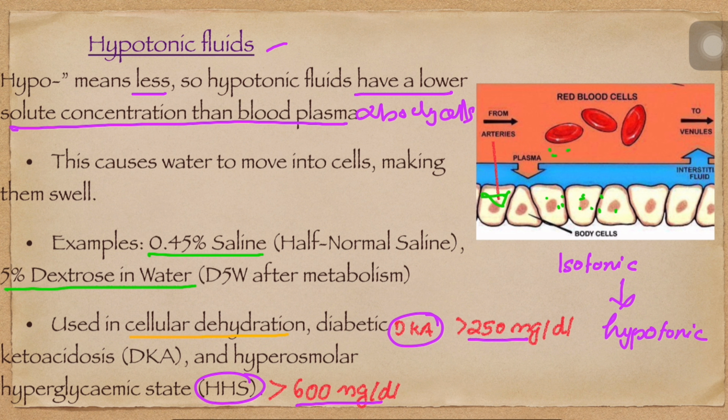Why? In these two cases, both cellular and intravascular dehydration are there. To correct the intravascular dehydration, we give the isotonic fluid, and to correct the intracellular dehydration, we give the hypotonic fluid.